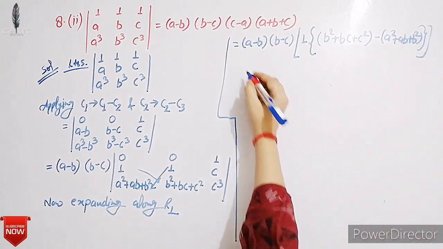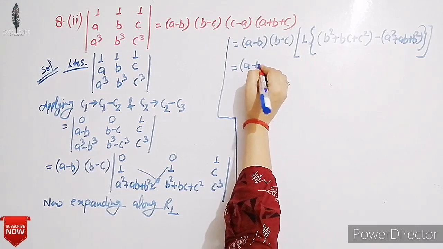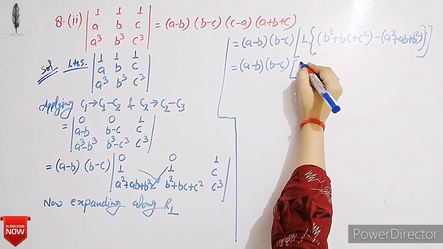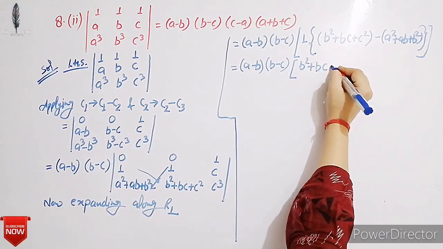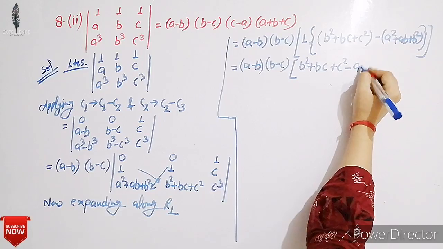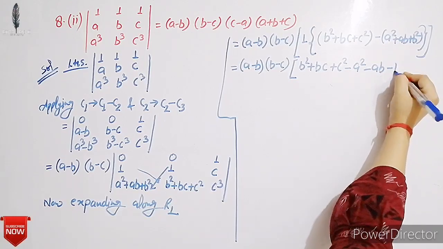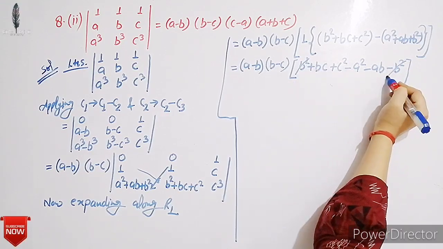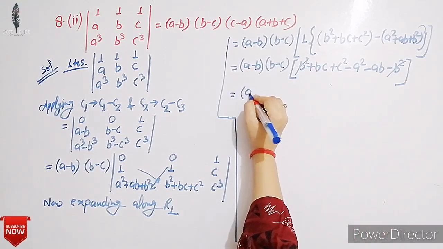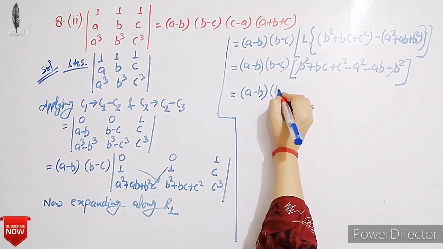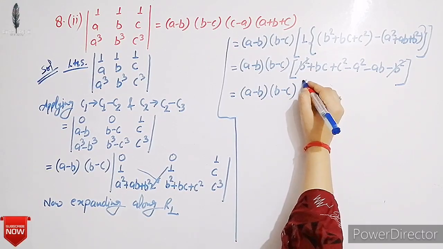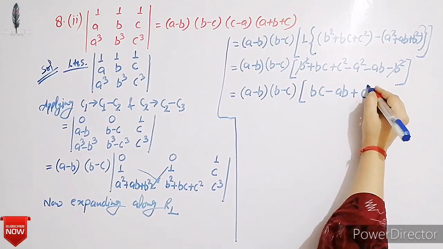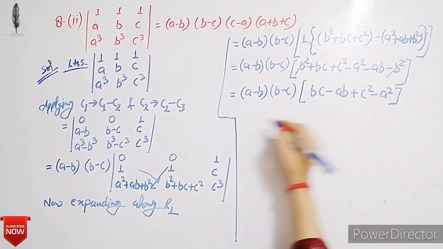On solving, we have A minus B, B minus C, and here B square plus BC plus C square minus A square minus AB minus B square. Plus B square minus B square cancel. Then we have A minus B, B minus C, and here BC minus AB plus C square minus A square.